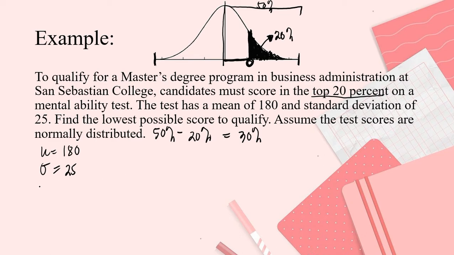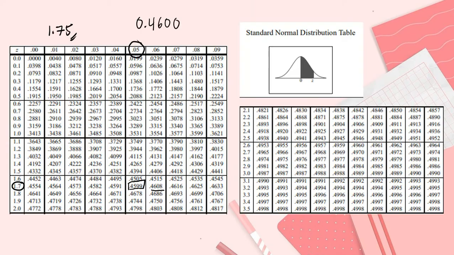Yan. And then after that, kunin natin si Z. So, 30% ang nakuha natin, di ba? Punta ka ngayon doon sa table. Hanapin mo yung pinakamalapit sa 30%. And that is 0.3000. Nasaan kaya yan? This is 0.3023. 0.2995.